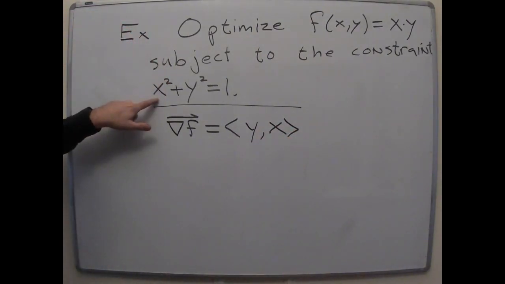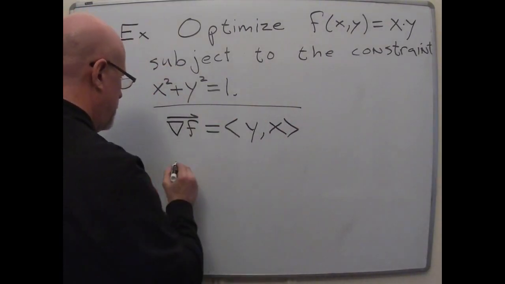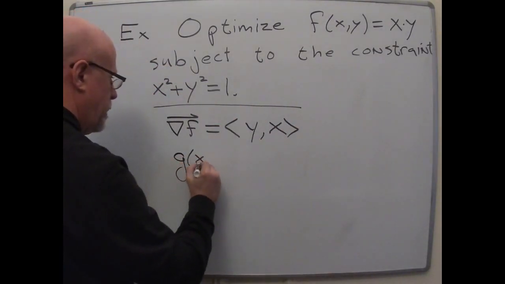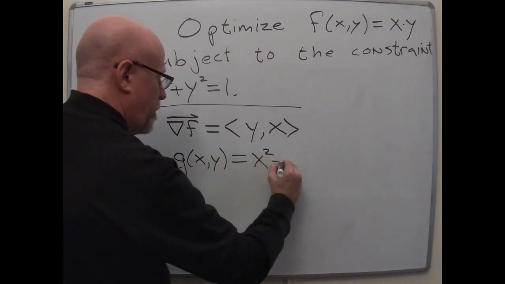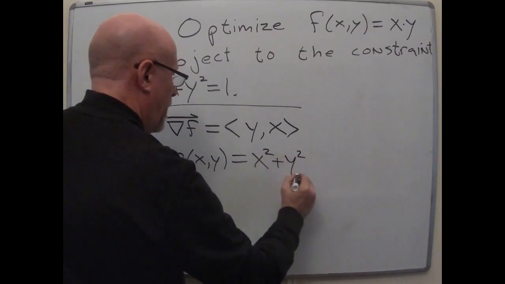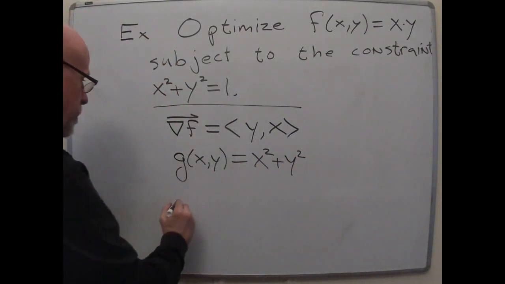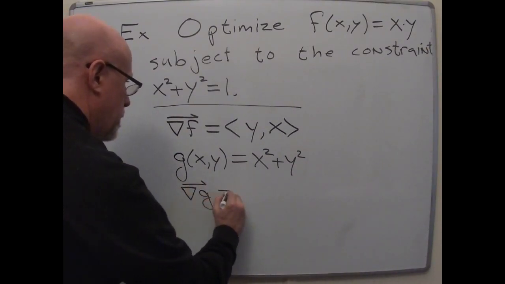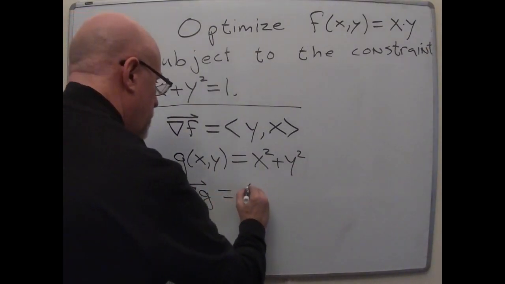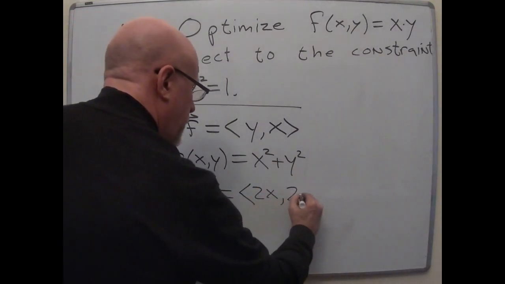The g here is x squared plus y squared. It's the stuff on the left-hand side, and then what it's set equal to is the constraining condition. So grad g is equal to (2x, 2y).